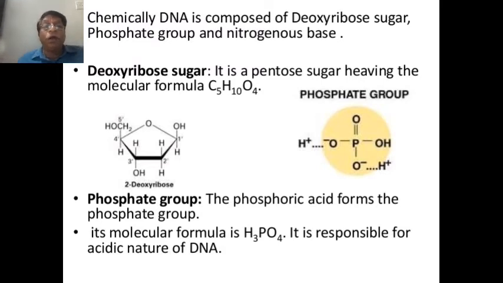Its molecular formula is H3PO4. This is responsible for the acidic nature of DNA or nucleic acids. Why we call it nucleic acid: because of the presence of an acid, phosphoric acid.